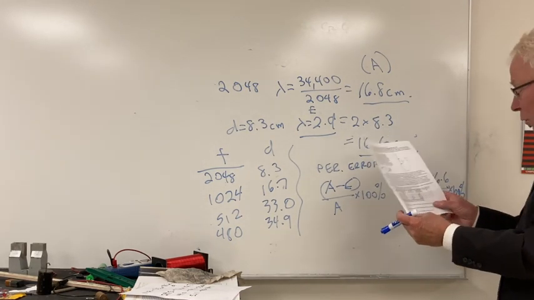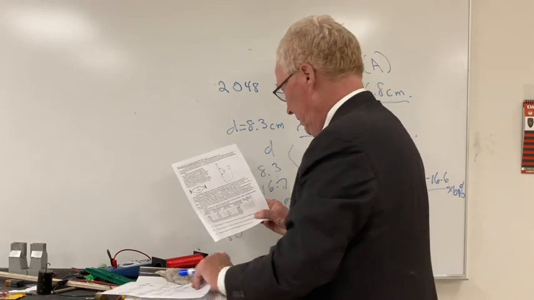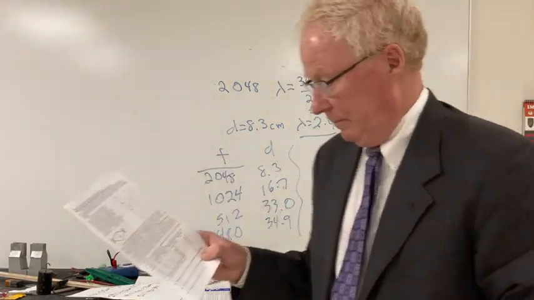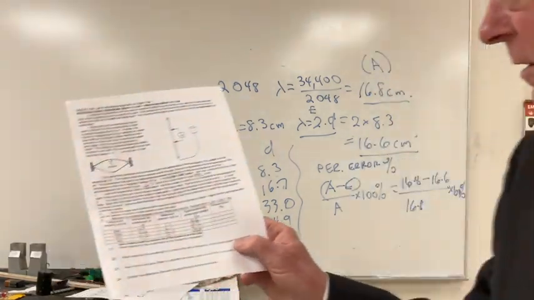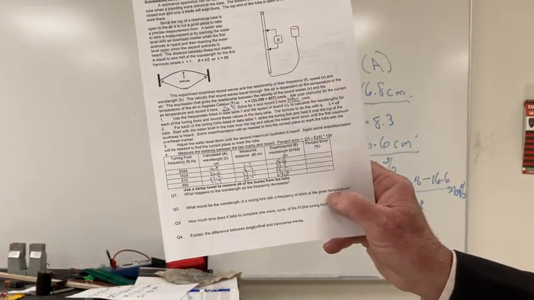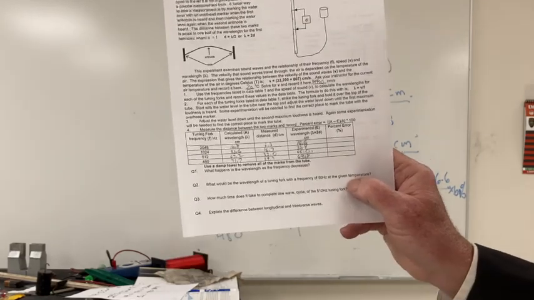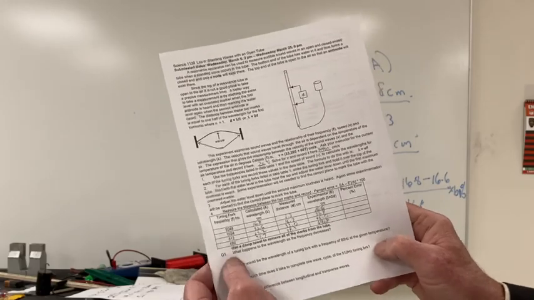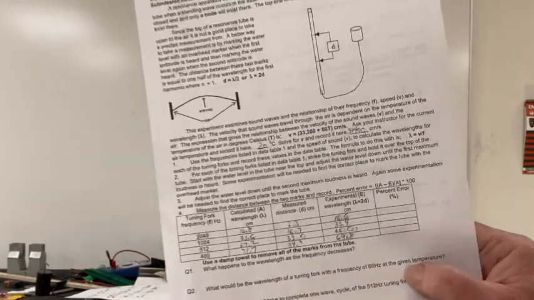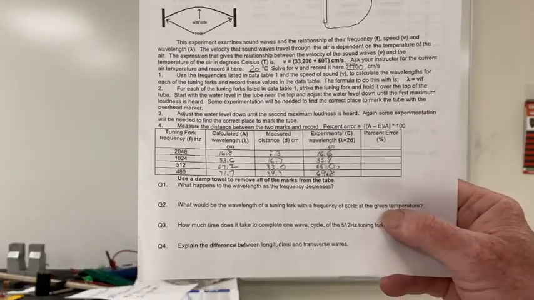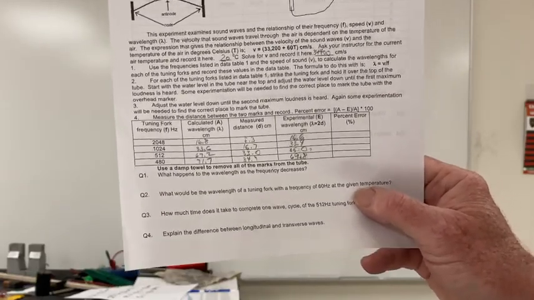And then there's 4 questions. All right? As far as these are concerned, you should be able to calculate those. So question 1 deals with what happens to the wavelength as the frequency decreases.